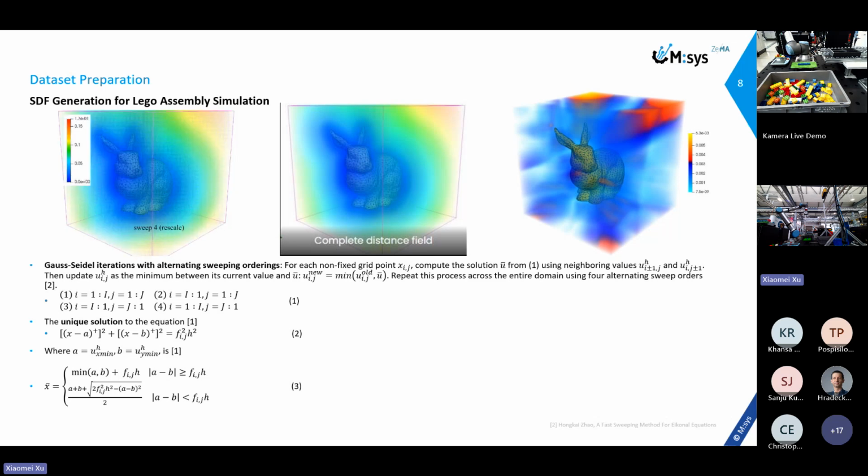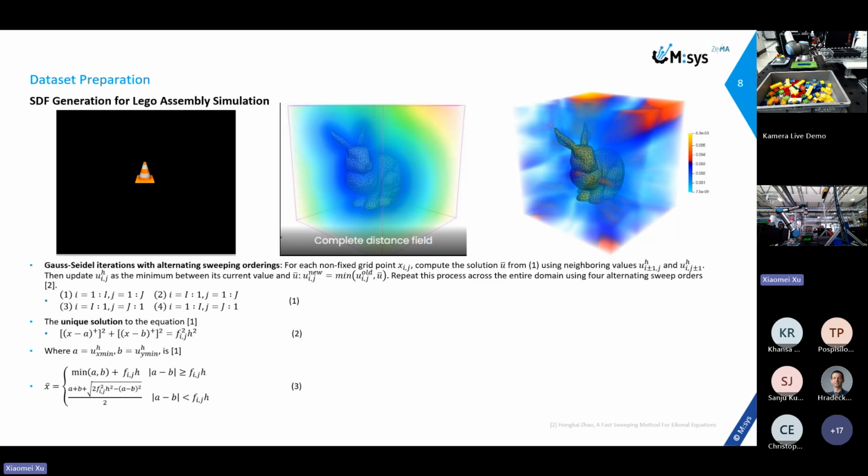It iteratively sweeps through grid points in alternating directions, progressively updating values at each node until convergence criteria are met. Each individual iteration looks for the unique solution of a quadratic equation. These three equations will be very important to the fast sweeping method.